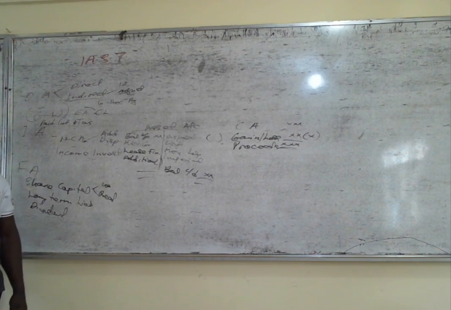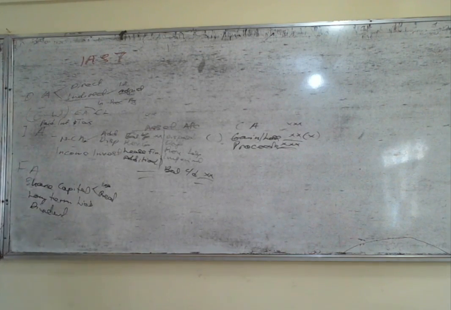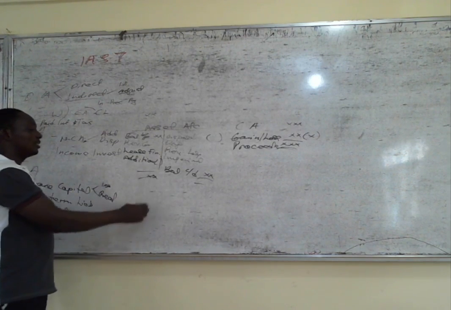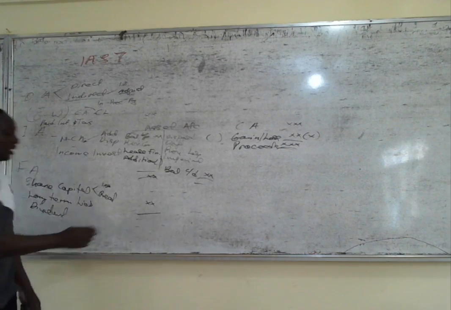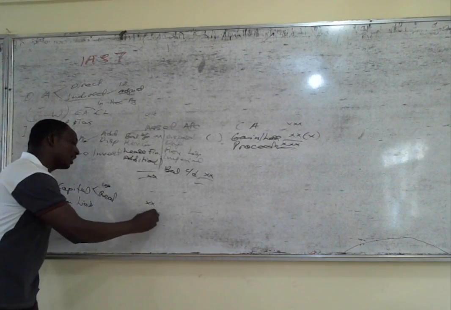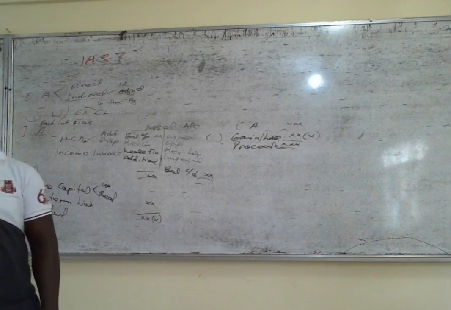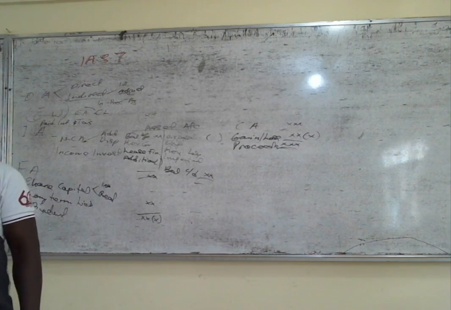Okay. Any other question? So, as we have done it, the net cash flow from operating activity, the net cash flow from investing activity, and the net cash flow from financing activity, you put all of them together. And that figure will be a positive figure or a negative figure. If it is a positive figure, then you write increase in cash and cash equivalent.